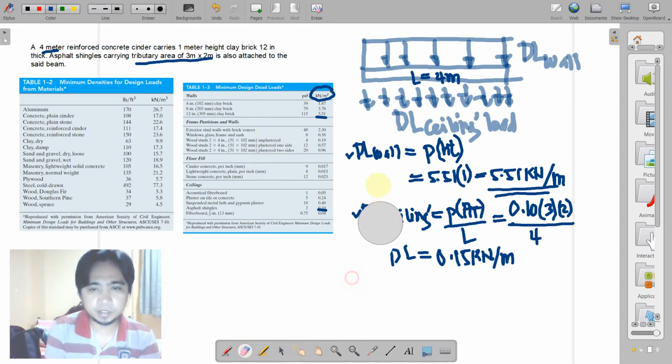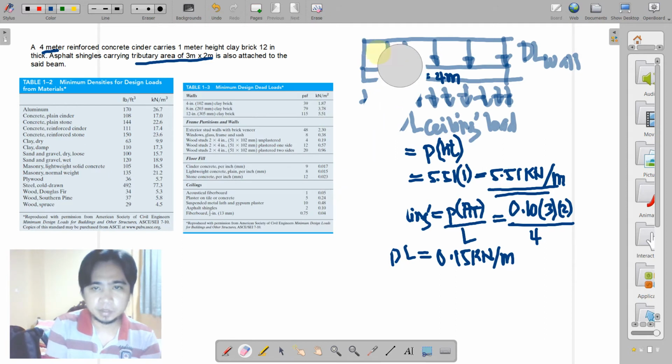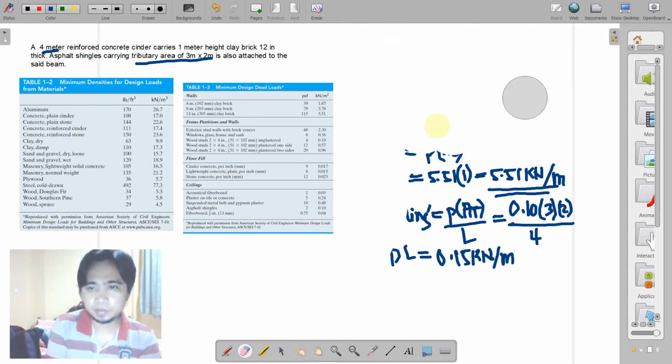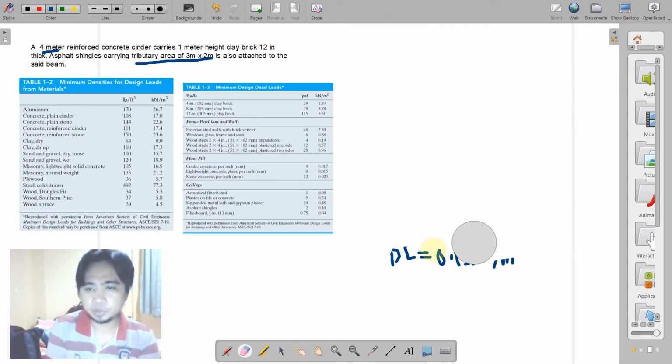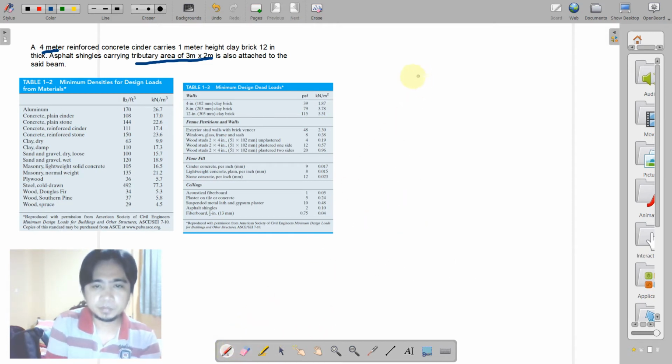For the self-weight, let me erase this first. It had mentioned that the cross-section of the beam is a rectangular one, which is 0.3 by 0.4. We'll just get the unit weight of that by looking at Table 1-2 of the ASCE 7-10.